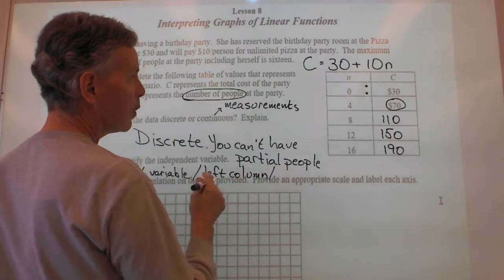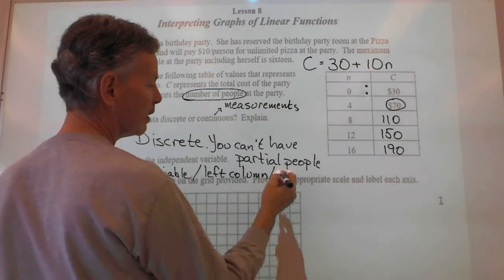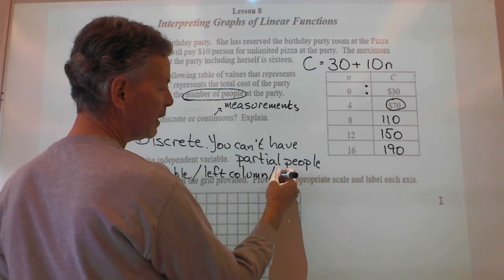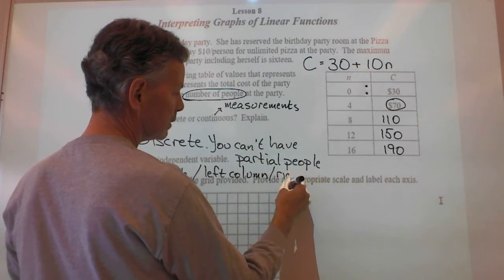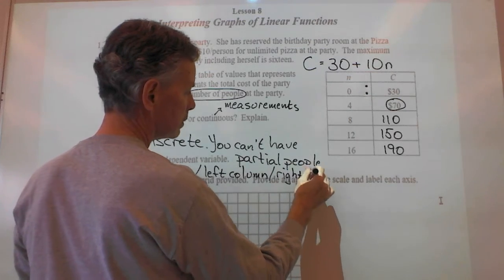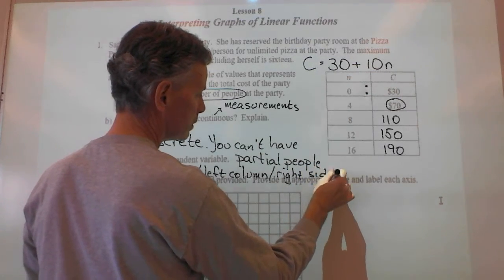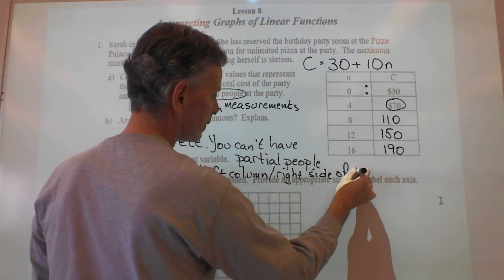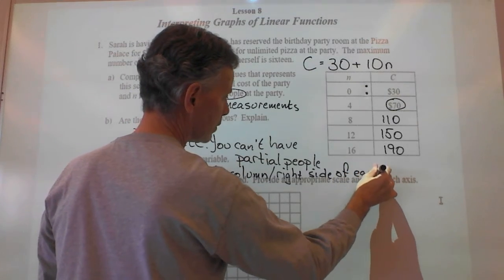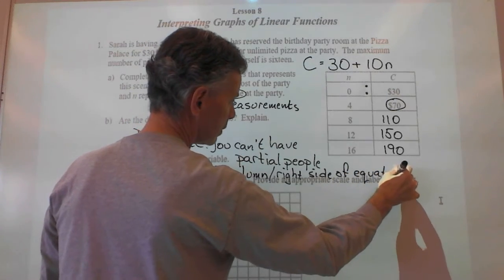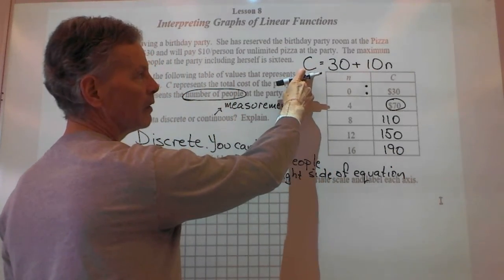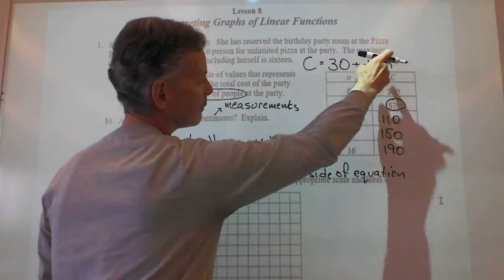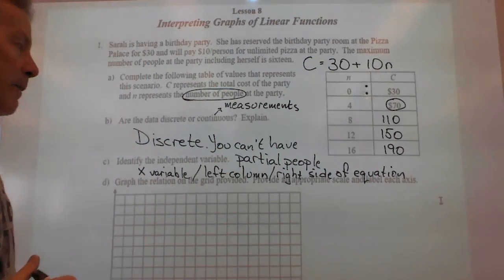If you're given an equation, like this one up here, it's always going to be the variable on the right side of your equation. Okay, so you generally will isolate your dependent variable and your independent variable will be on the other side. Okay?